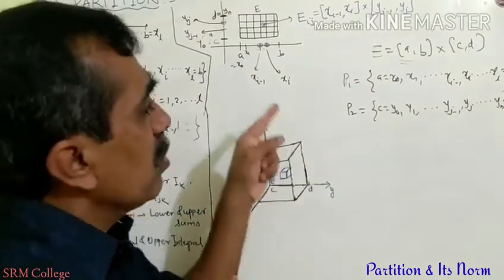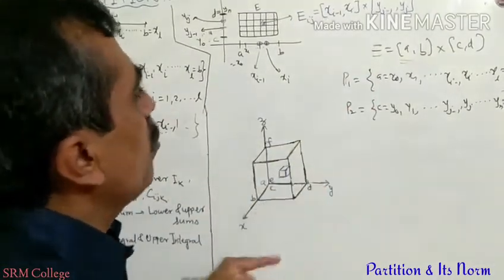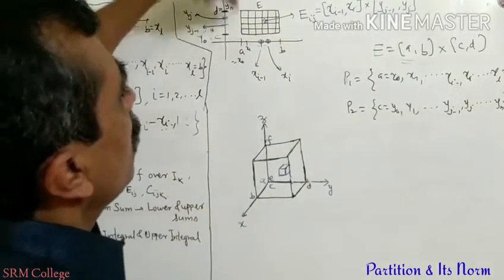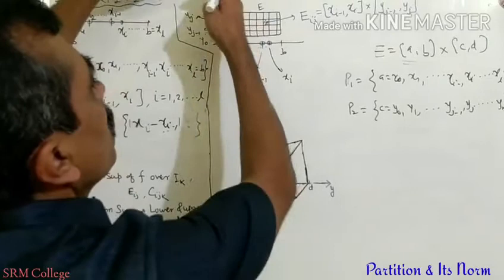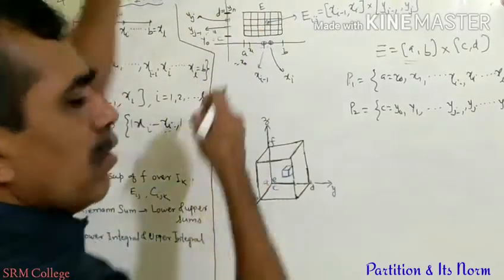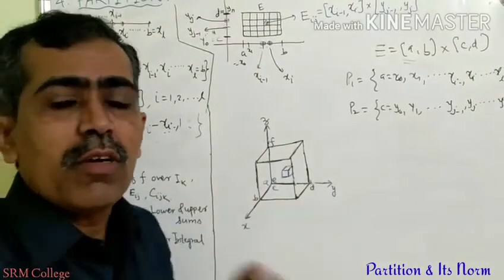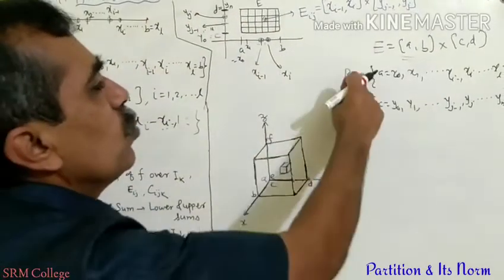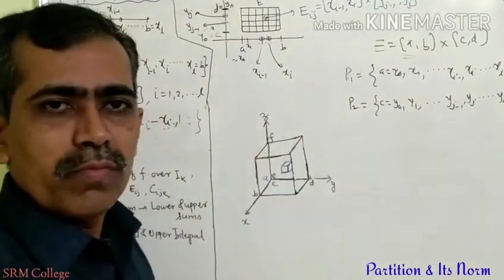Now by using these points, what I will do is draw lines parallel to the coordinate axis, meaning the x-axis and y-axis, passing through the points of P1 and P2.